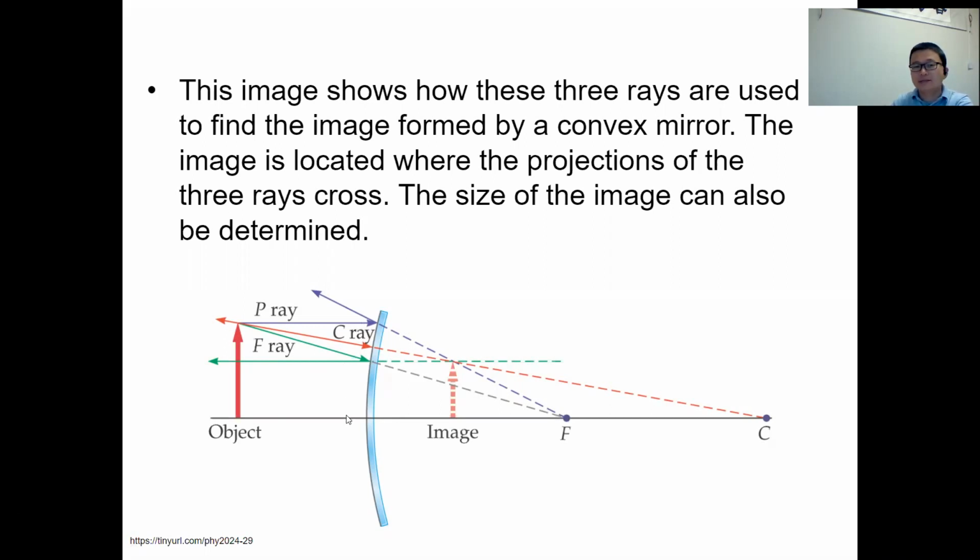So in that case, you will always get a virtual image. That's for a convex mirror: you always get a virtual image, and you get a shrunken, smaller image.